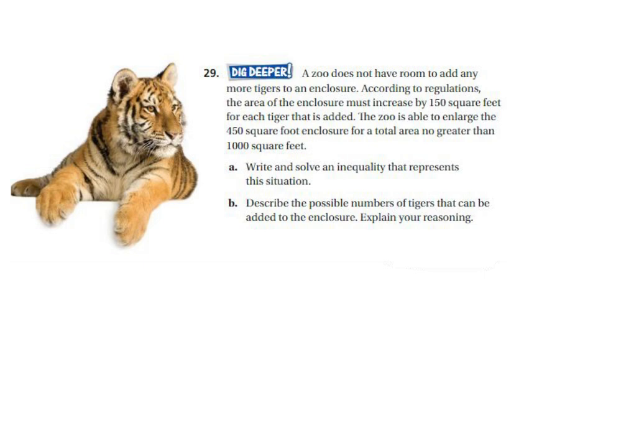Write and solve an inequality that represents this situation. So what we know right away is that the area can be no greater than 1,000 square feet. So let's do 1,000. And everything else is going to have to be less than or equal to 1,000.